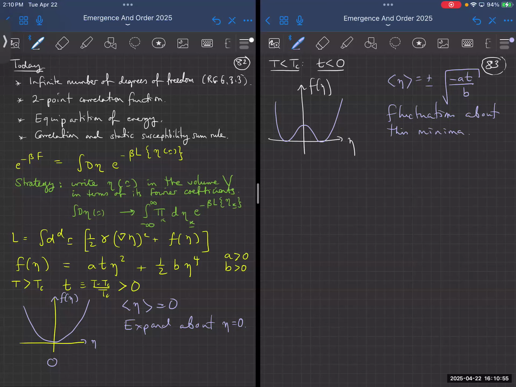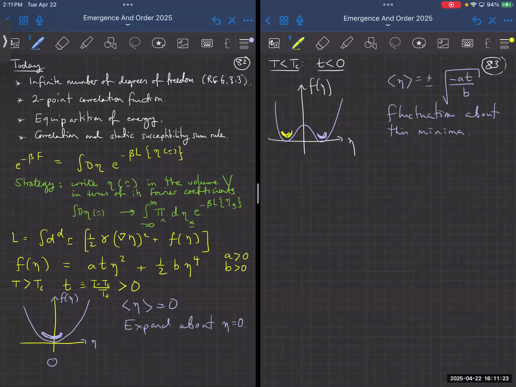So if we look over here on the left, what our fluctuations look like are simply fluctuations in this potential well, like so. So here we've got a choice. We've got fluctuations either around this well, or we have fluctuations around this one over here. And so we're going to have to make a choice which well we expand about, and then compute the Gaussian integration about that particular minimum.